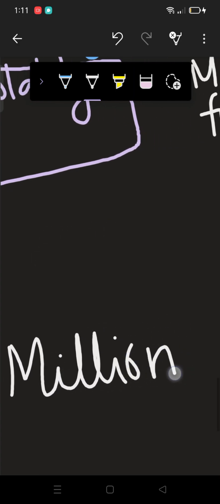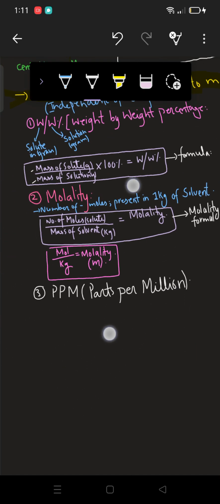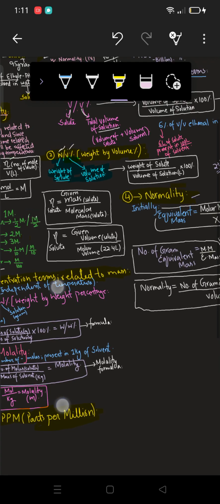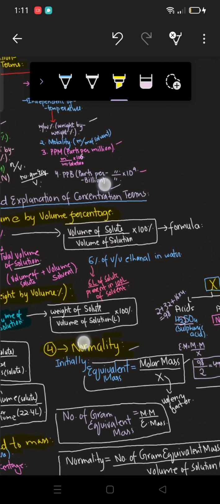Let me highlight it. ppm. Okay, see now what ppm represents. Basically ppm represents the mass of solute dissolved in 10 to the power 6 kg of solvent, right?